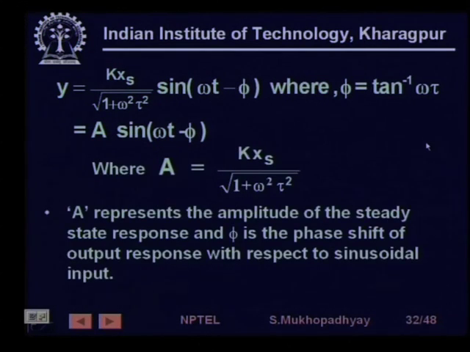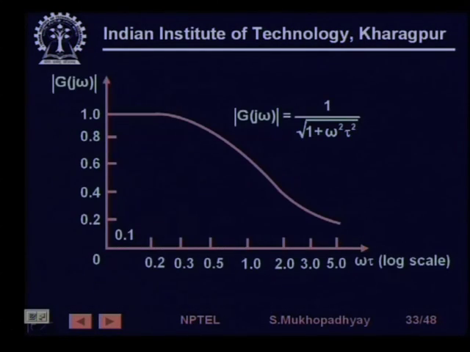So, this is a mathematical solution. For example, the gain over different values of frequency actually varies like this. You can understand that if the frequency is too low, then the gain is 1, because you are giving a slow sinusoid, which means that the instrument can always come to steady state and get the value of the input.